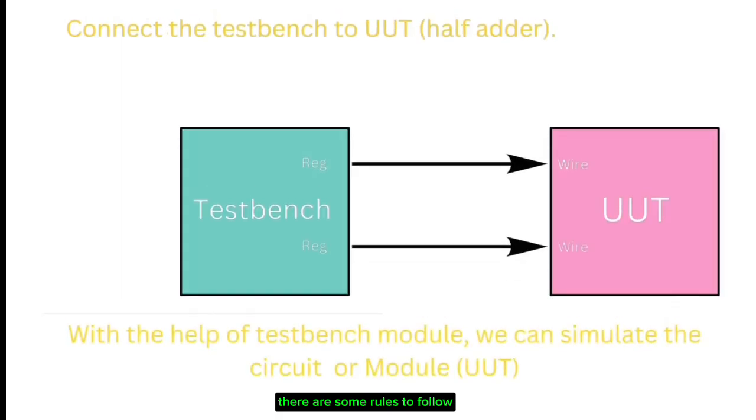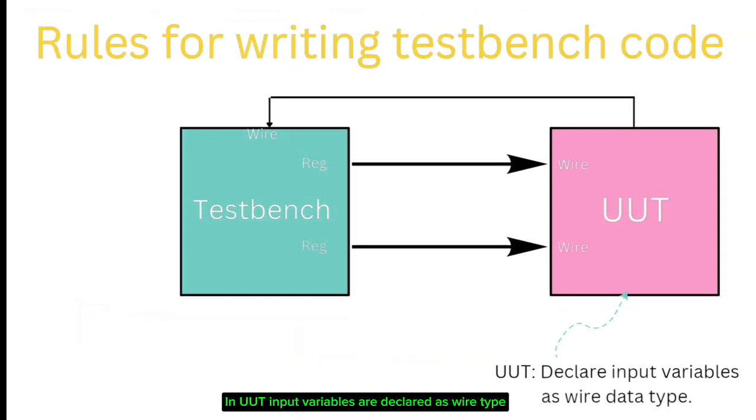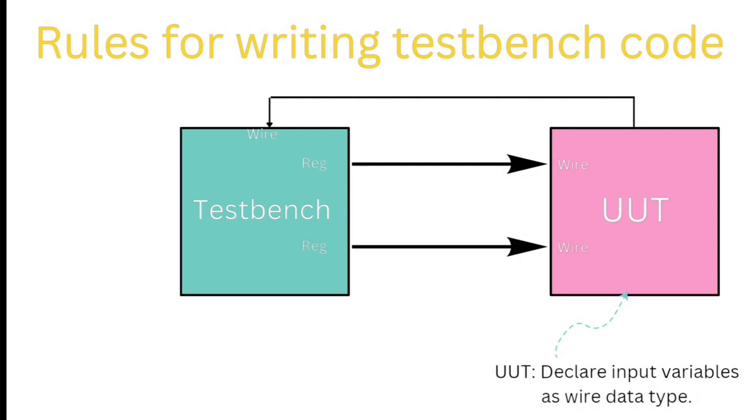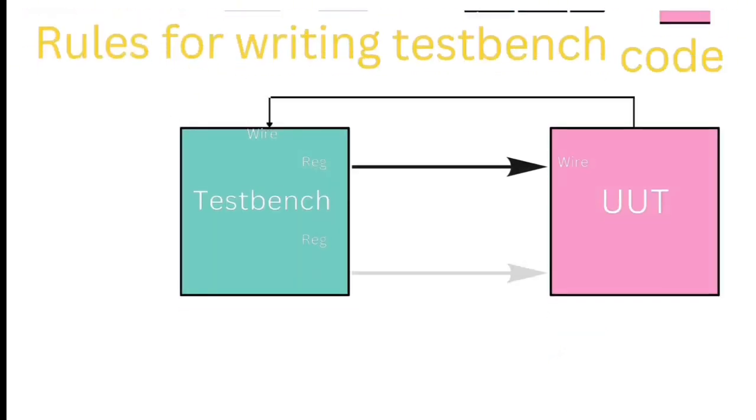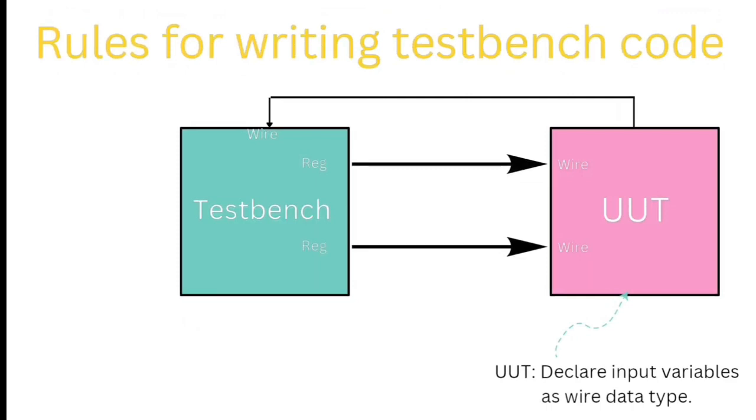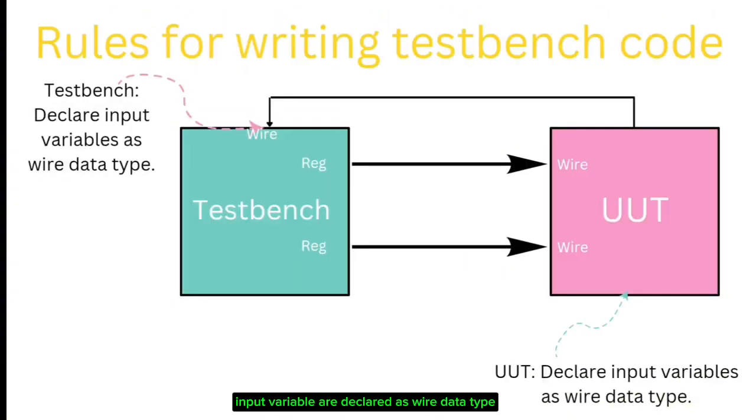There are some rules to follow. The test bench is connected to the UUT. In the test bench, input variables are declared as reg data type, while in the UUT, input variables are declared as wire data type and output variables are declared as wire data type.